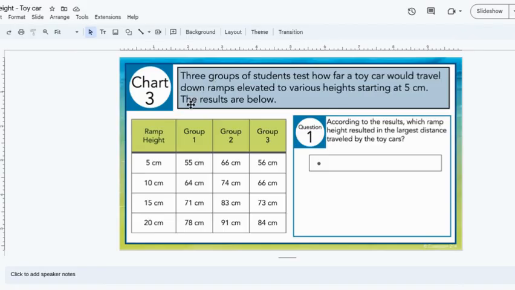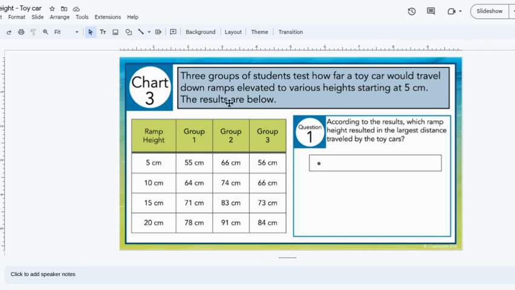This first thing that's changing is going to be ramp height. 5 centimeters, 10 centimeters. So, yeah, that's what we choose to change.